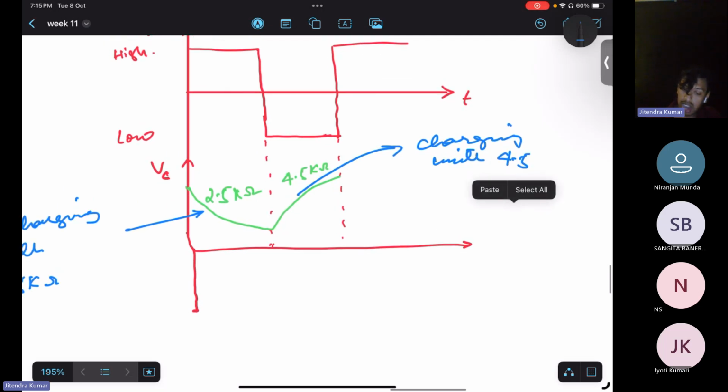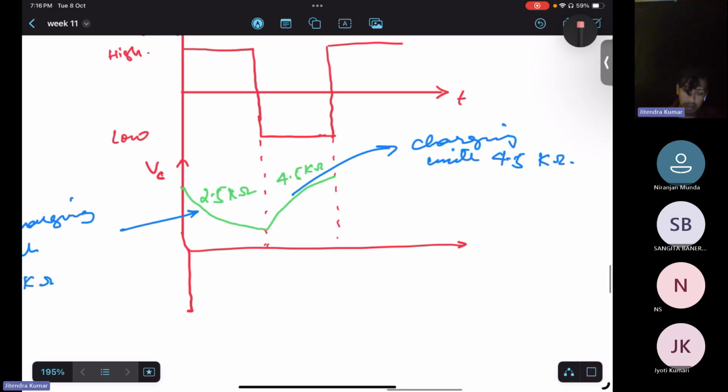So if there is high resistance, which rate will be faster and which will be slower? Charging will be slower or discharging? The resistance is high, so charging will be slower.